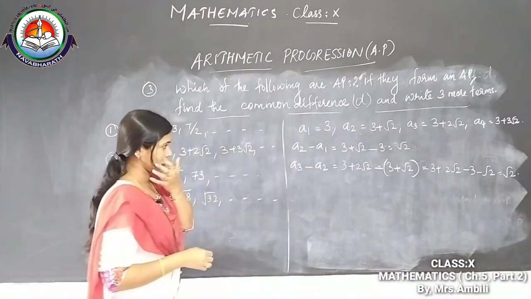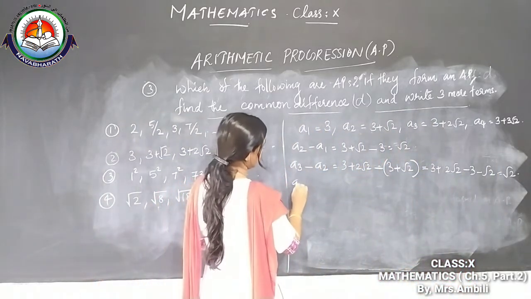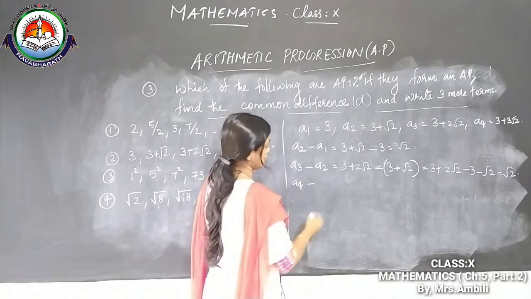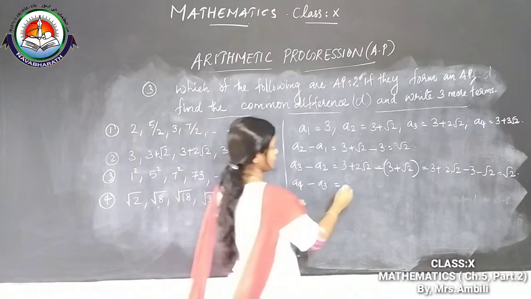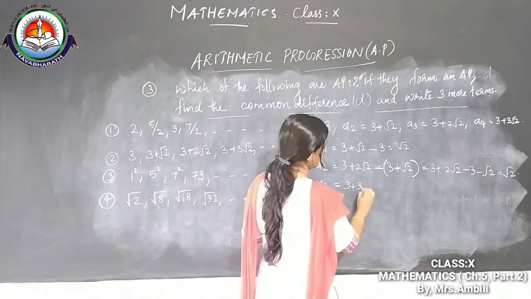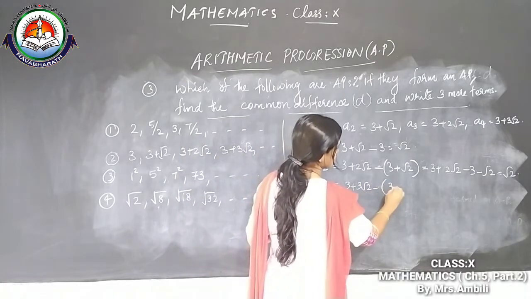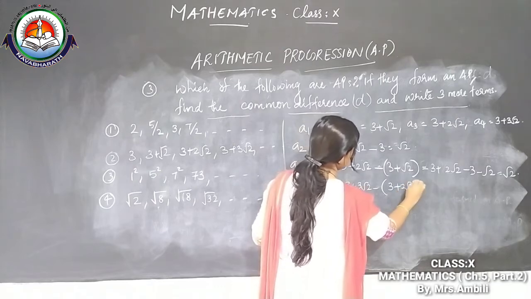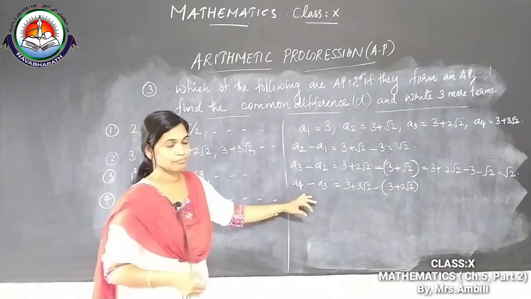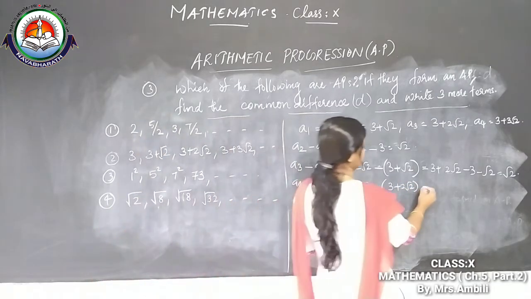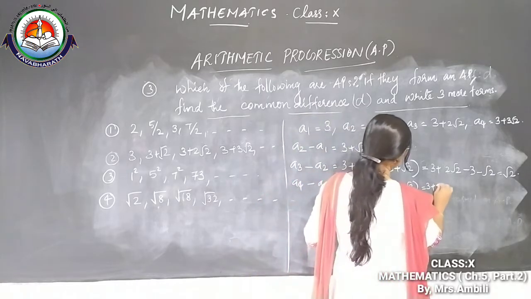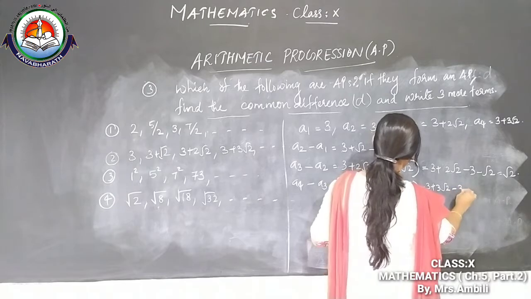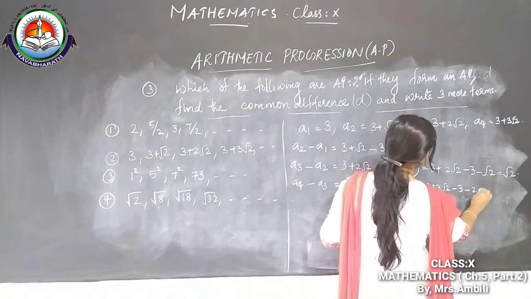Okay. The next, A4 minus A3, that is 3 plus 3 root 2 minus 3 plus 2 root 2. How can we write? 3 plus 3 root 2 minus 3 minus 2 root 2.